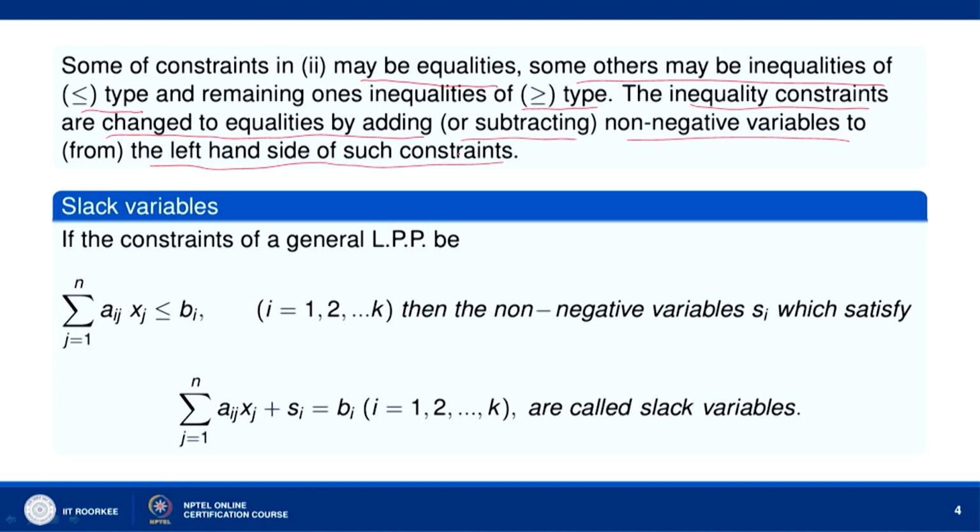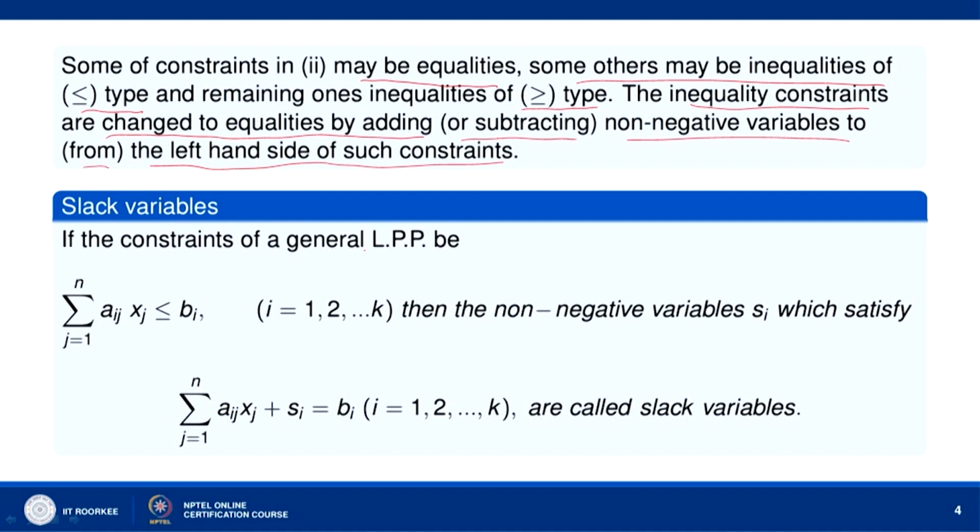If the inequality is of less than or equal to type, we add non-negative variables to the left side, and if it is of greater than or equal to type, we subtract non-negative variables from the left side. So, let us now define slack variables.